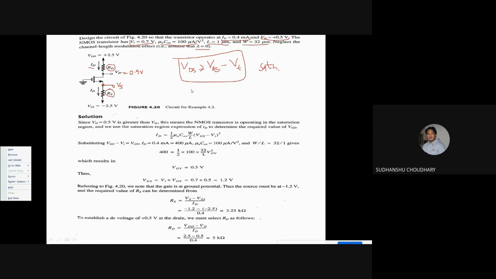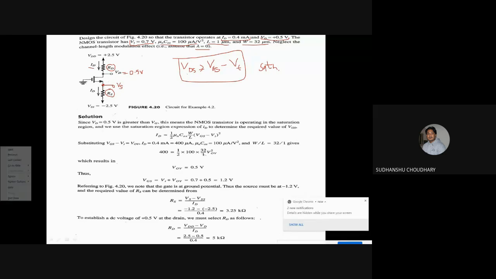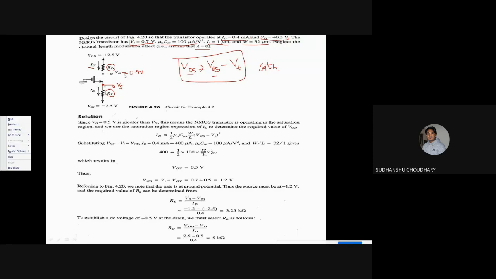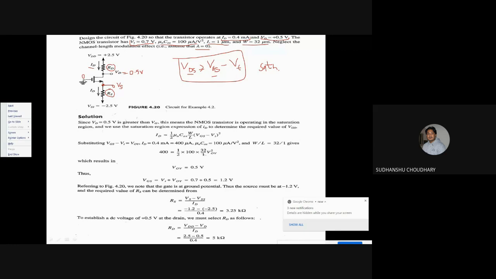Right. So here we look at VDS and VGS, these two parameters. We find that VDS is greater than VGS minus VT here, because VG is 0. So VGS means 0 minus VS, and VDS is 0.5 minus VS, right?